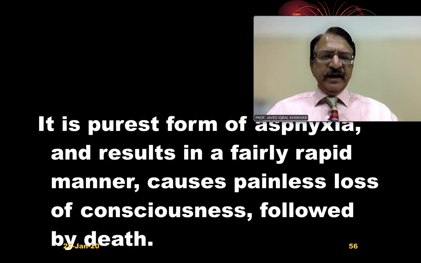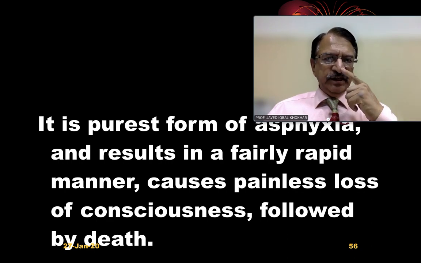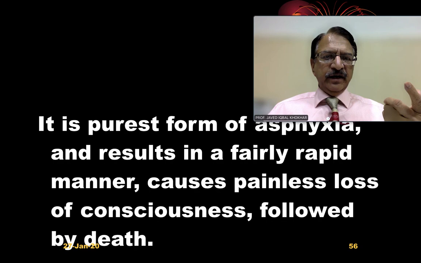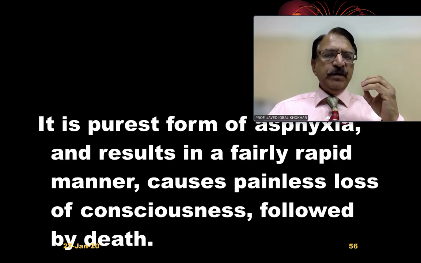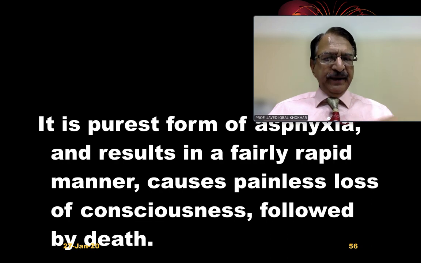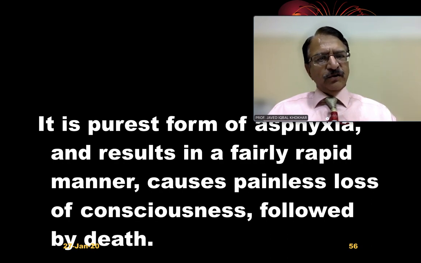And this is said to be the purest form of asphyxia because there is complete blockage. We know that air can enter the lungs only through the nose and the mouth, and when these two are blocked, air cannot enter. This results rapidly in a painless loss of consciousness.